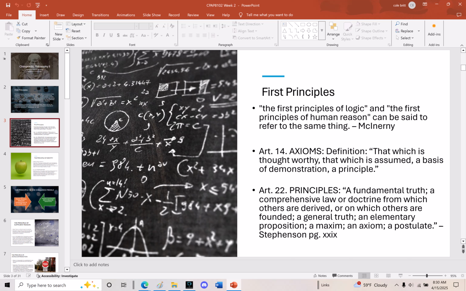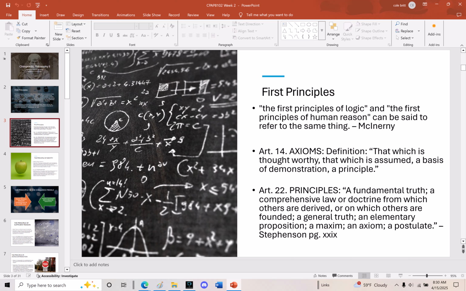These articles here, A-R-T period, that means article, they come from Stevenson's textbook. He says, axioms, definition, that which is thought-worthy, that which is assumed, a basis of demonstration, principle, very much like what McInerney is describing. Article 22 from Stevenson, he defines principles as, quote, a fundamental truth, a comprehensive law or doctrine from which others are derived, or on which others are founded.